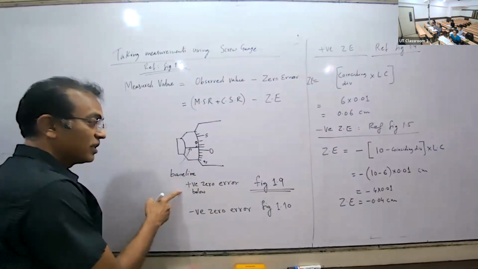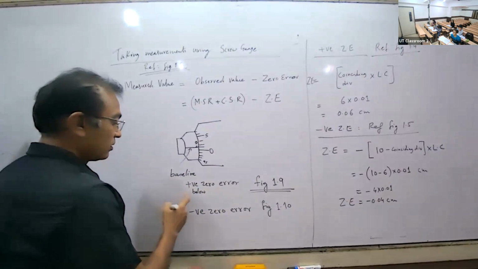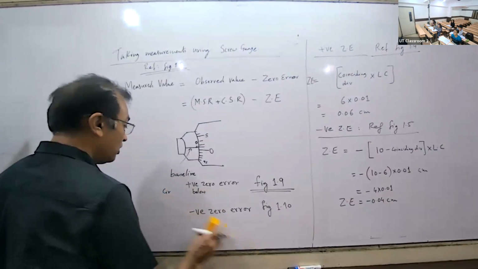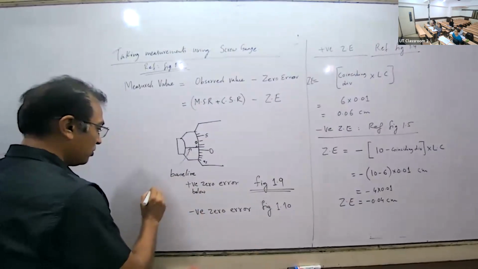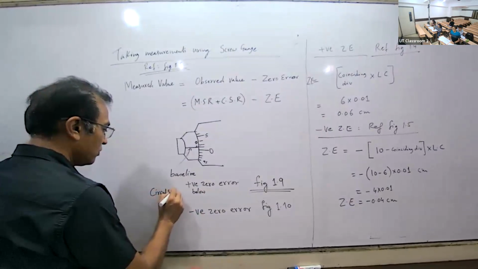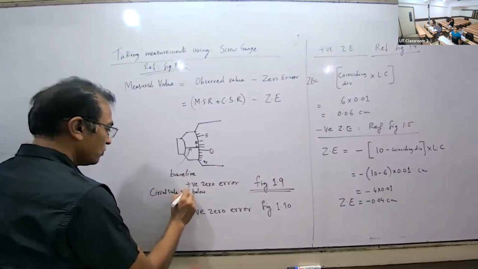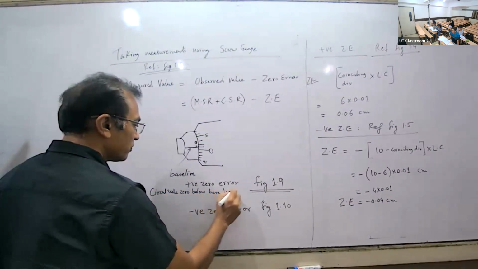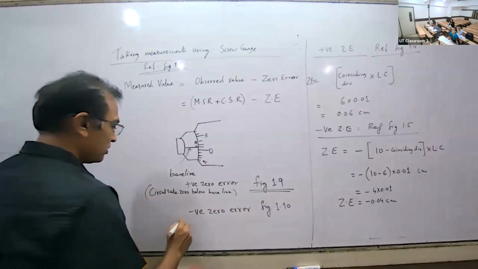Which zero below baseline? Circular zero, not CSR, because zero error is decided with the zero. If the circular scale zero is below the baseline, then it is positive zero error.